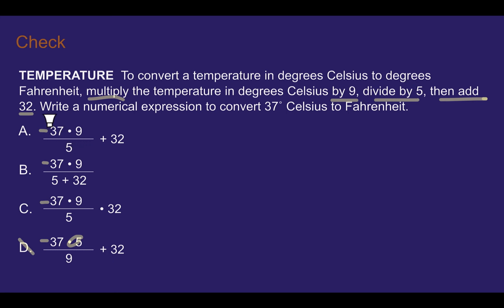So if we're looking, multiply the top by 9, divide by 5. That one's good still. Ooh, this one says divide by 5 and 32. Not that one. This one says divide by 5. Finally, add 32. Add 32 or multiply by 32. We want to add. So A should be our correct answer. We multiplied by 9, then divide that whole thing by 5, finally add 32.